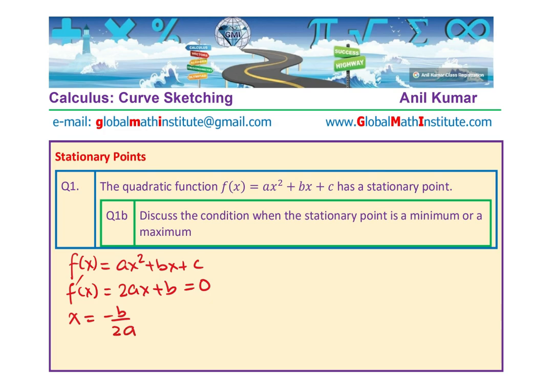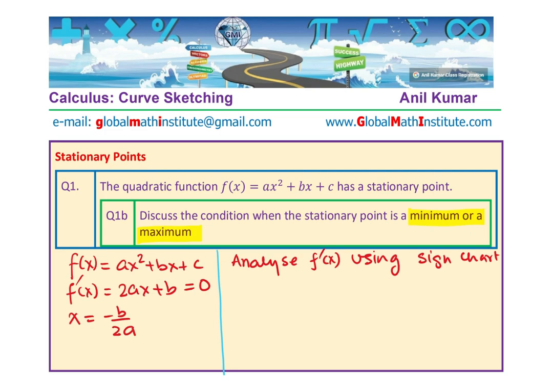Now, to discuss whether it is a minimum or a maximum, what should you do? Well, you have to make an interval table. So we'll analyze the derivative using a sign chart.